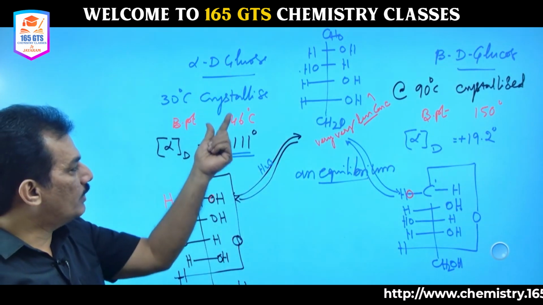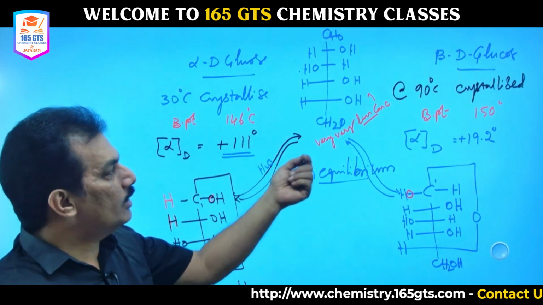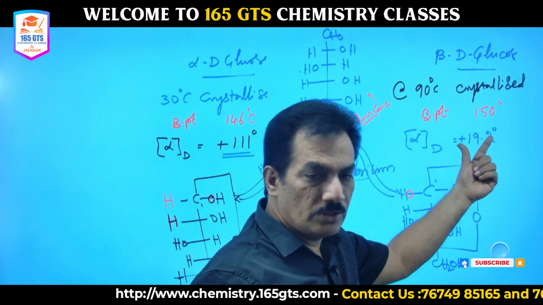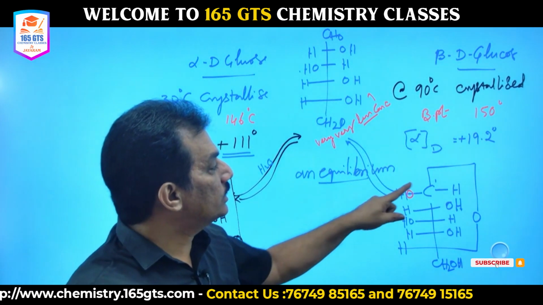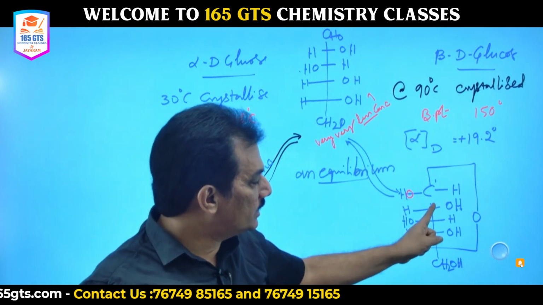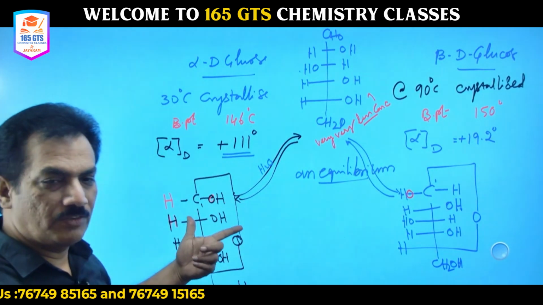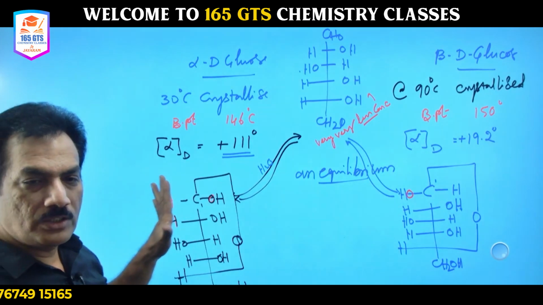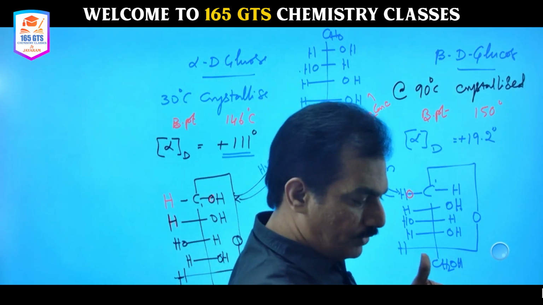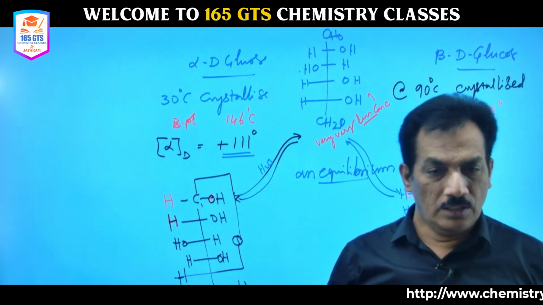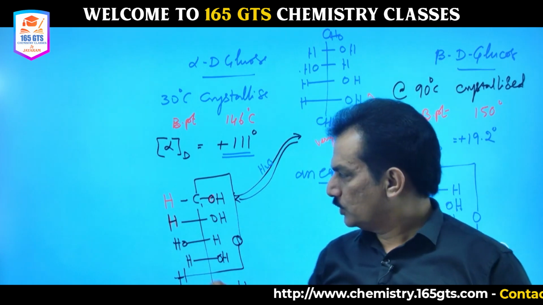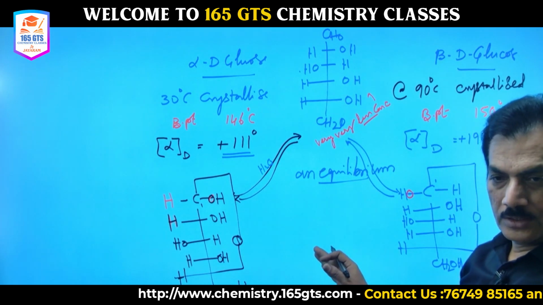No doubt at all, the alpha form has all these characters and the beta form has all these characters. Only while writing, the structure is given alpha as beta structure and beta as alpha structure. No problem at all. I think for the last few minutes we have been discussing this, and in the previous class also. So just correct it.